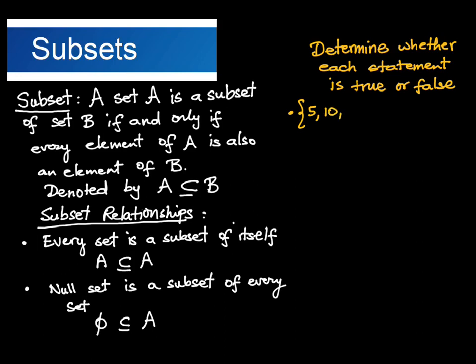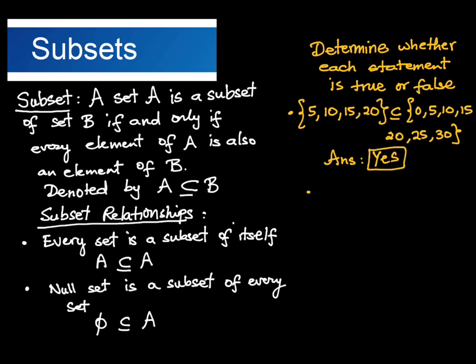So you have a set 5, 10, 15, 20, and it's asking you, is that set a subset of 0, 5, 10, 15, 20, 25, 30 or not? And the answer is yes, right? Because all the numbers in the first set are also in the second set.